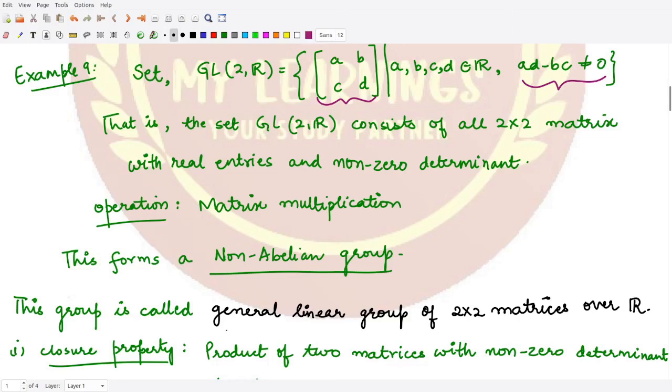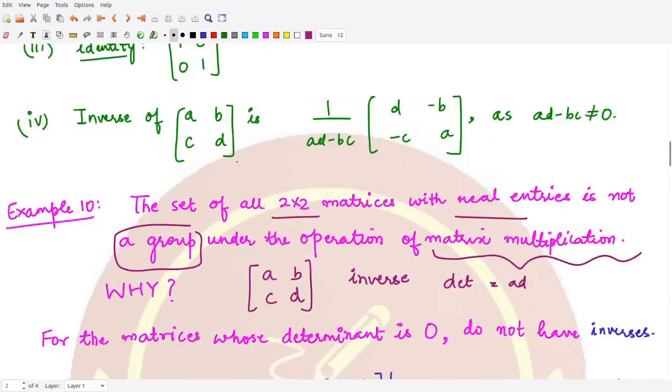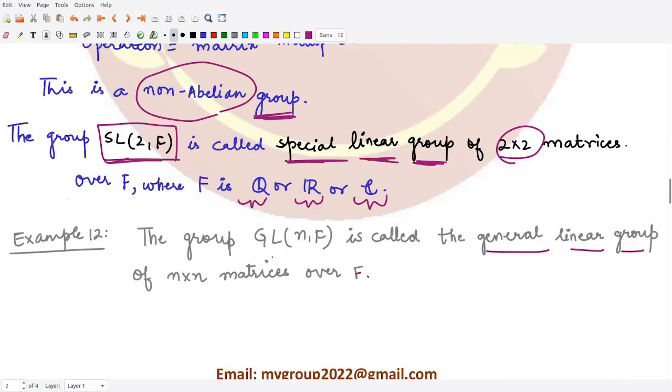And we were calling this the general linear group of 2 cross 2 matrices over R, and it was given by GL2 comma R. Now we are talking about the general linear group GLN comma F, that is the general linear group of order n cross n over the given field F, right?